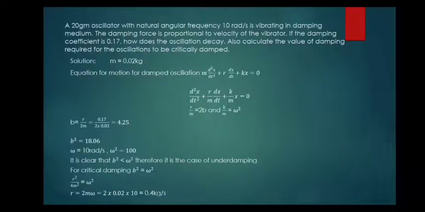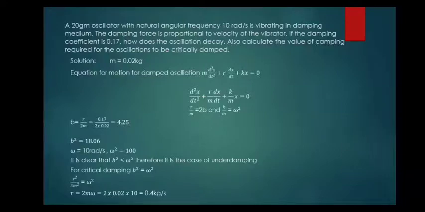Now, after simplifying, you can write the formula as r is equal to 2m omega, where m is 0.02 and omega is equal to 10. So you will get 0.4 kg per second as the damping required in order to be critically damped.